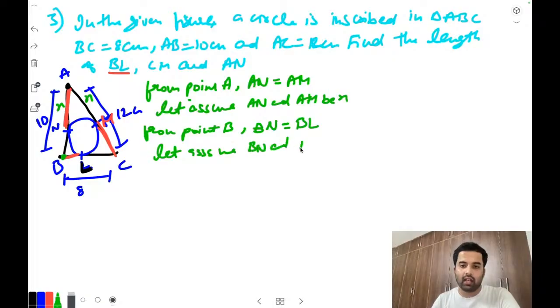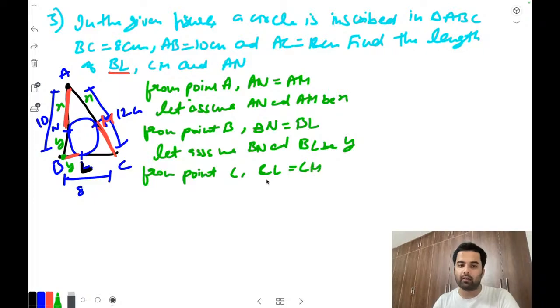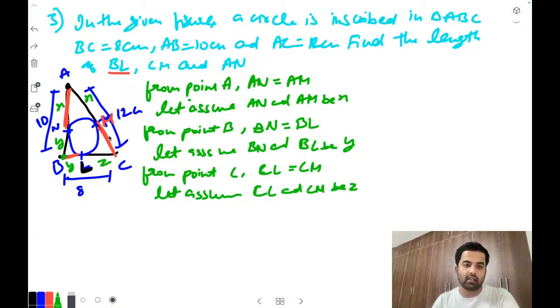BN and BL, just take it as Y. So this part becomes Y, this part becomes Y. Same way from point C, CL and CM will be equal. Let's assume CL and CM be Z. So this is Z, this is Z.